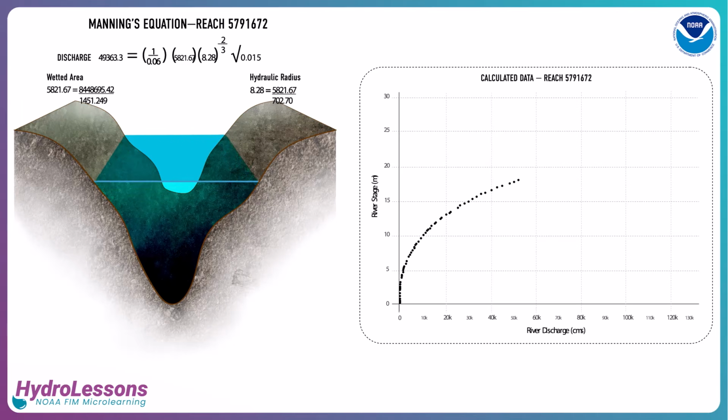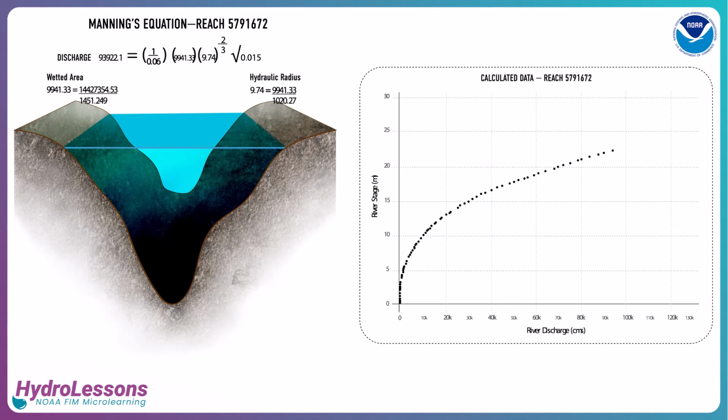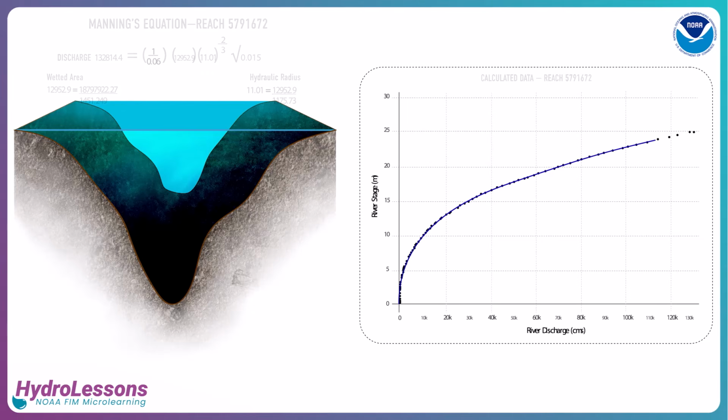Manning's equation is then applied to these properties to calculate the corresponding discharge for each water level. These stage-discharge pairs are typically estimated at 1 foot elevation increments, which are then plotted and connected to produce a continuous stage-discharge curve for that specific stream reach.